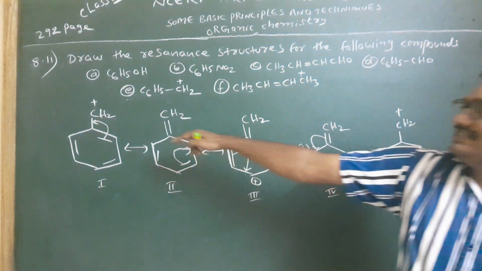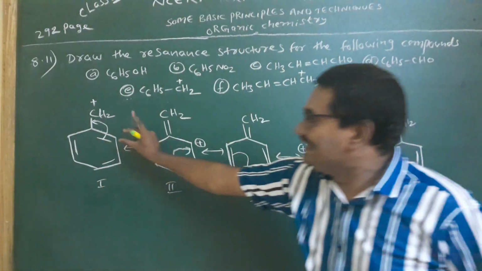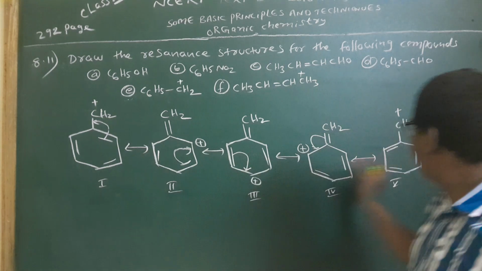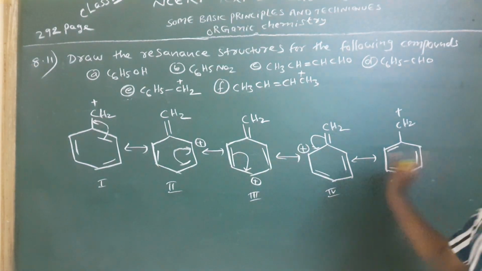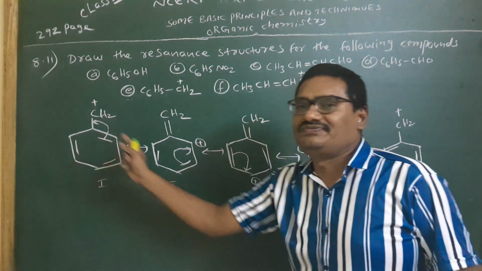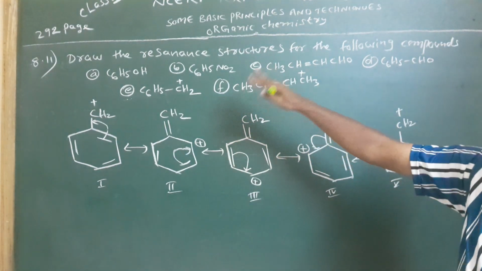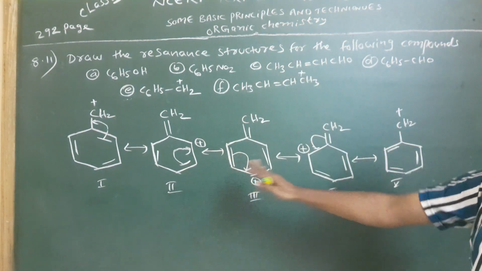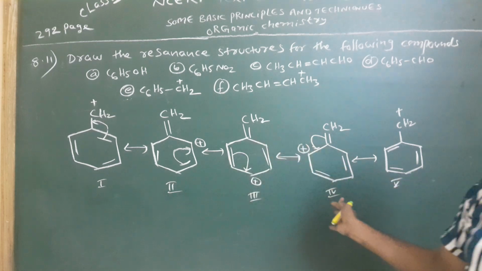So what is the difference between first and fifth? Here the double bond is present in this place, here the double bond is present in this place. So similarly, all pi bonds are shifted. So totally C6H5CH2 plus contains 5 resonance structures. Please note down.